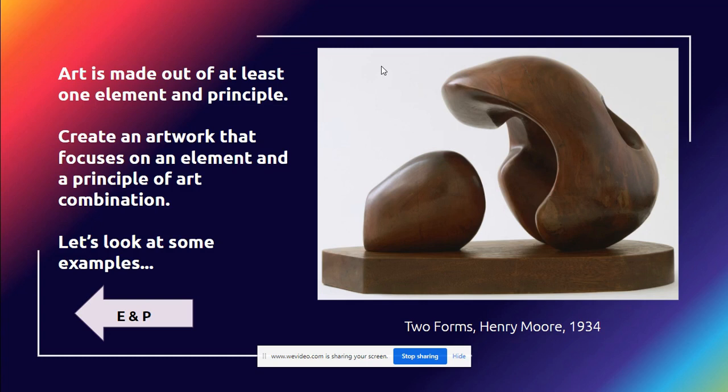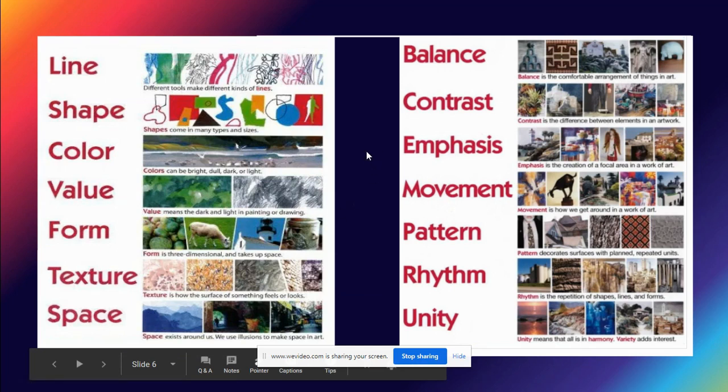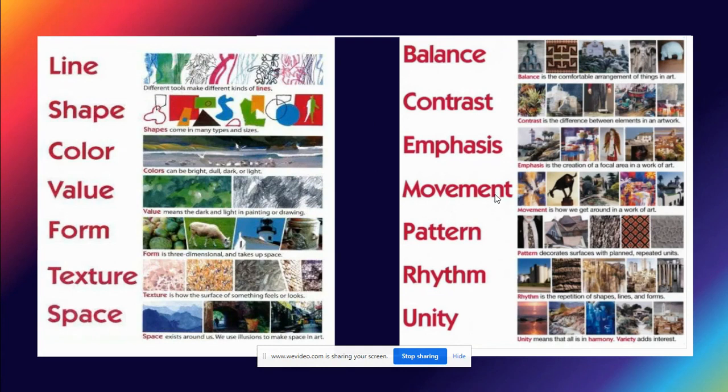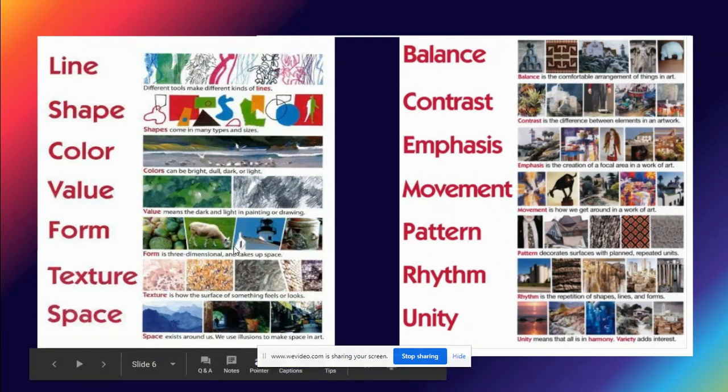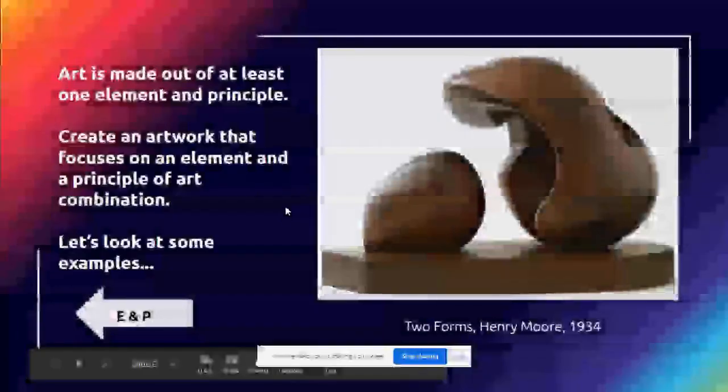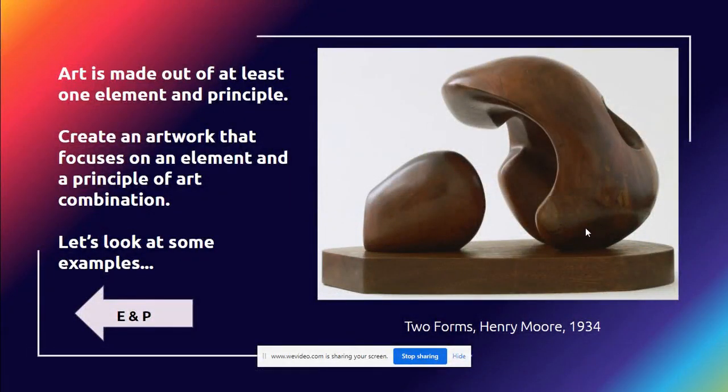What about some principles? Let's review. Principles are balance, contrast, emphasis, movement, pattern, rhythm, or unity. What would you say is a principle that would apply here? Unity, because they're both the same color? Or do you think it's more variety or emphasis because one is bigger than the other?